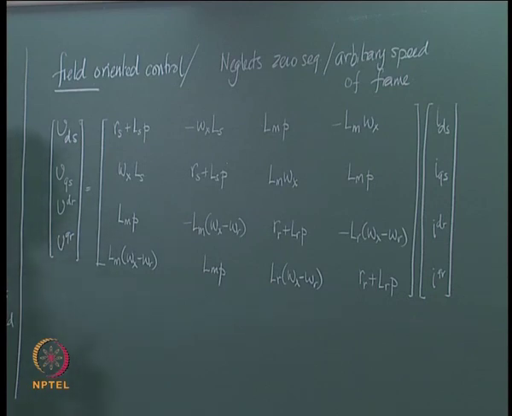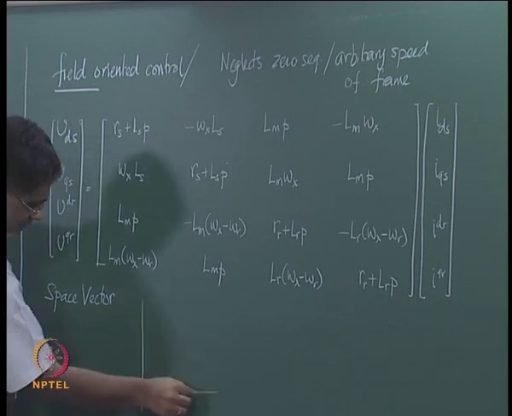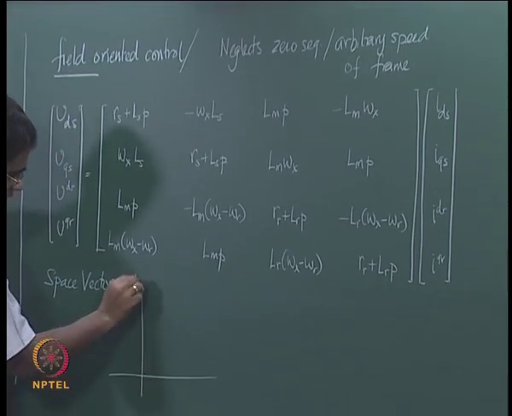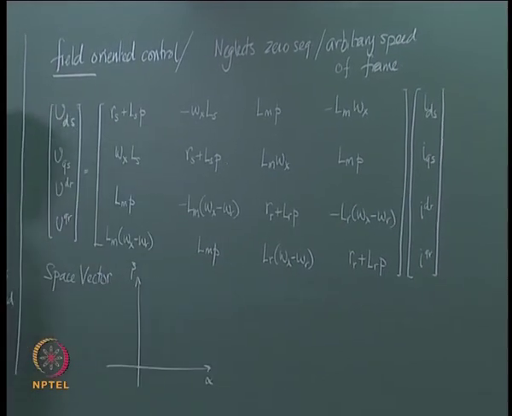Now, if you look back, we had introduced the idea of space vector. The space vector is, if you look at the alpha beta axis, so you have the beta axis here and the alpha axis here.